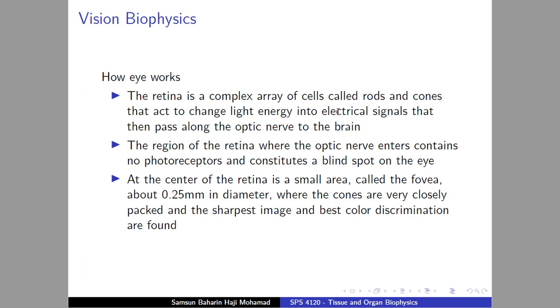At the center of the retina is a small area called the fovea, about 0.2 millimeter in diameter, where the cones are very closely packed and the sharpest image and best color discrimination are found. So if the light hits these cones, we can perceive more color.